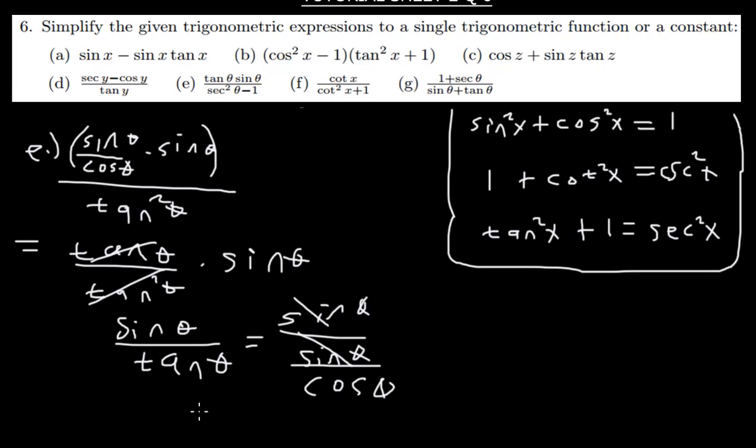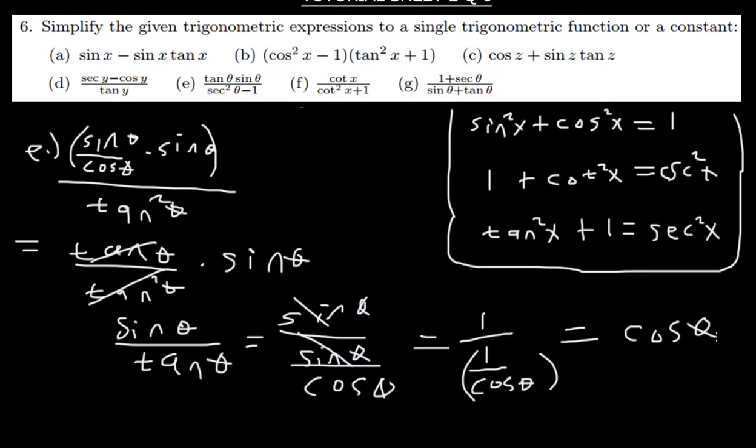So meaning what you remain with is 1 over 1 over cos theta. When you simplify this, you find that the trig ratio you are going to remain with is just cos theta. So this is how you solve E.